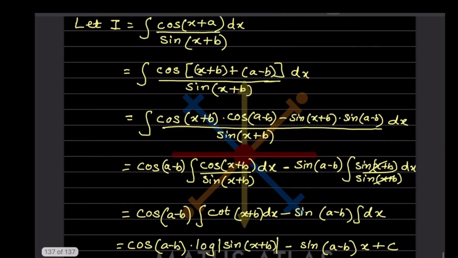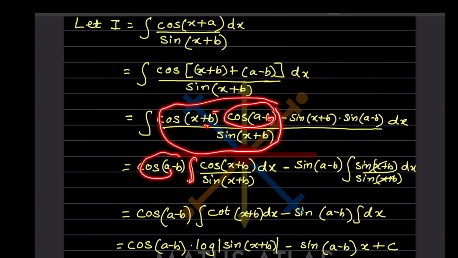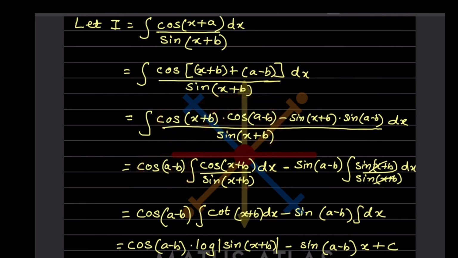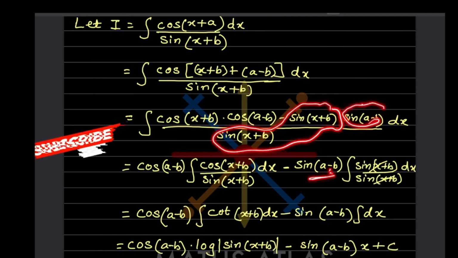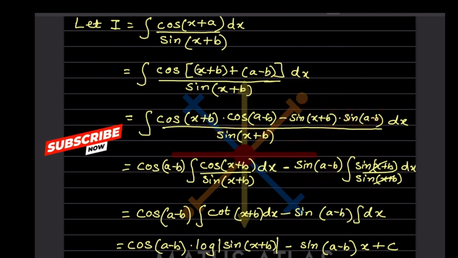Now we can take this cos of (a minus b) outside, and in the integration what remains, considering this part, is cos of (x plus b) divided by sin of (x plus b) dx. Again we can take this sin of (a minus b) outside the integration sign. What remains is sin of (x plus b) divided by sin of (x plus b) dx.